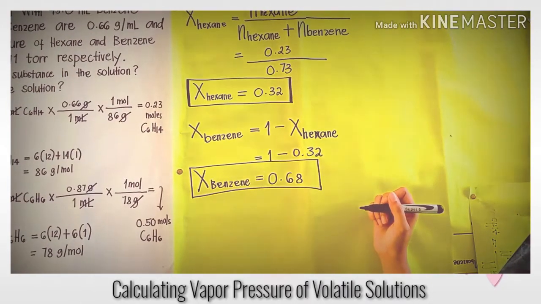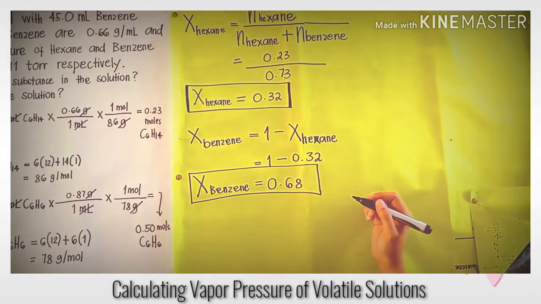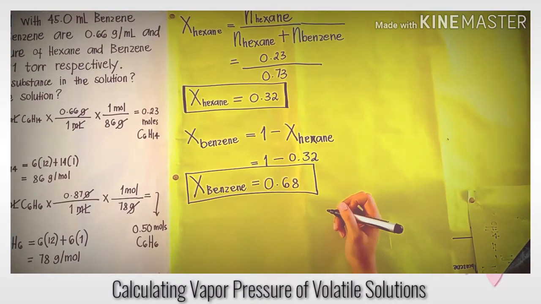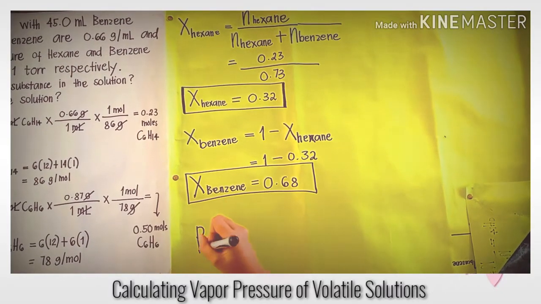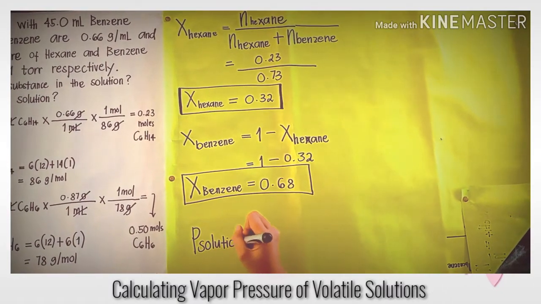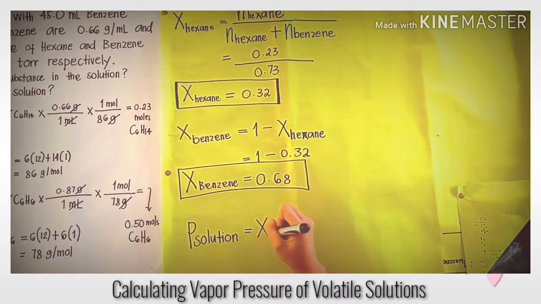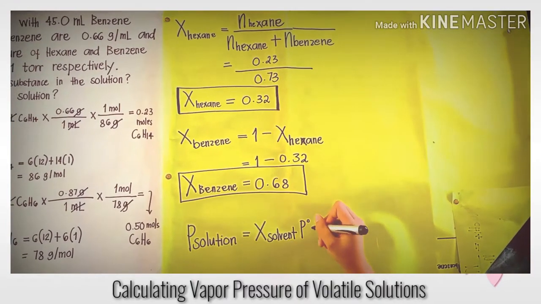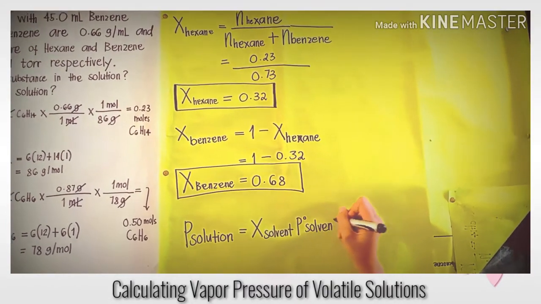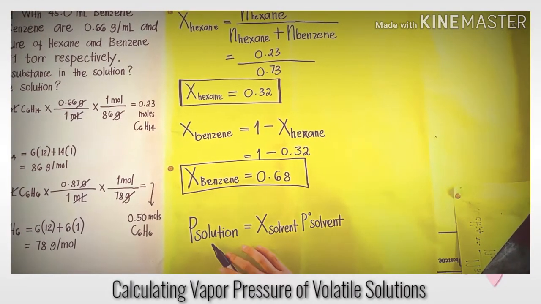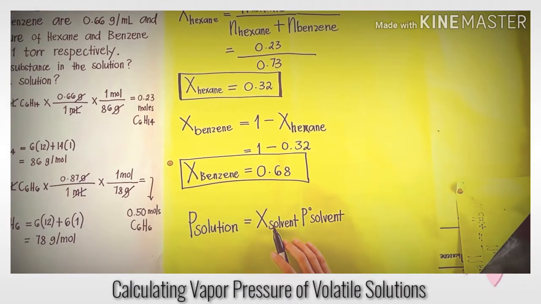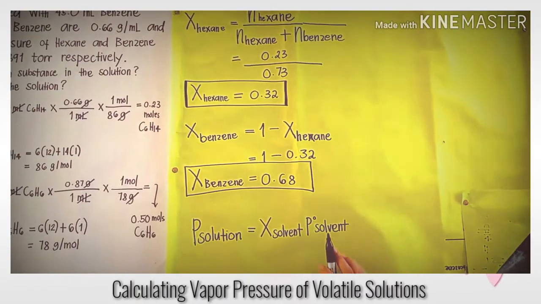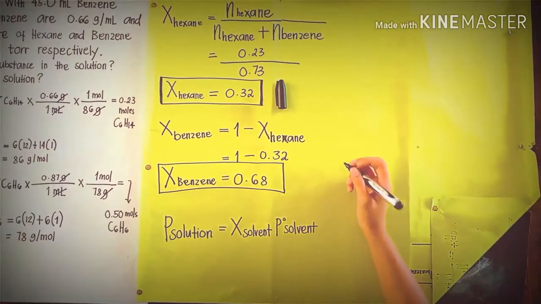So let's move on to the calculation of the vapor pressure of the solution. We can find the total vapor pressure by plugging the values into the equation. Vapor pressure is expressed by Raoult's law, which is illustrated as this, where P solution is the vapor pressure of the solution, X solvent is the mole fraction of the solvent, and P degree solvent is the vapor pressure of the pure solvent, or the standard vapor pressure.